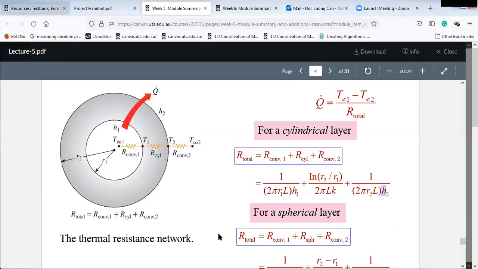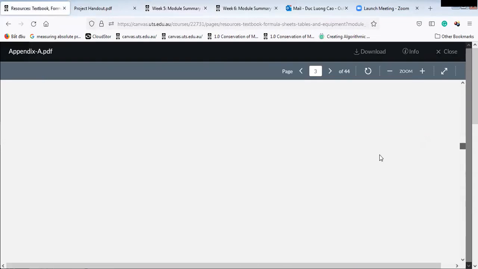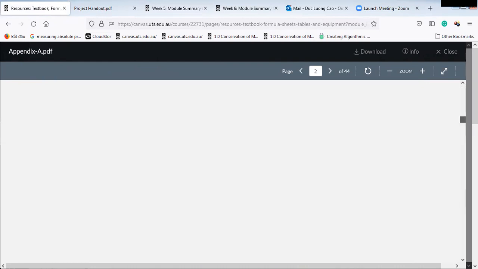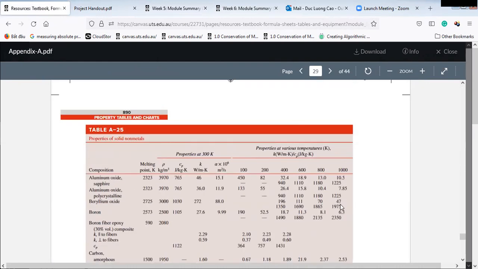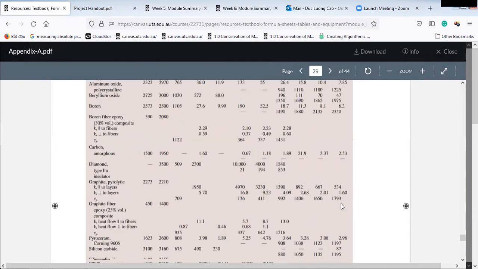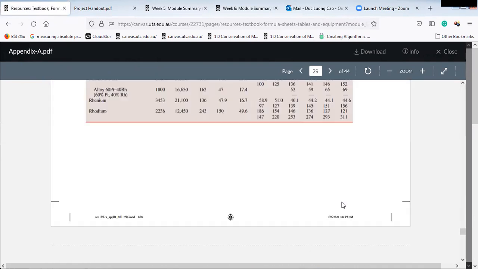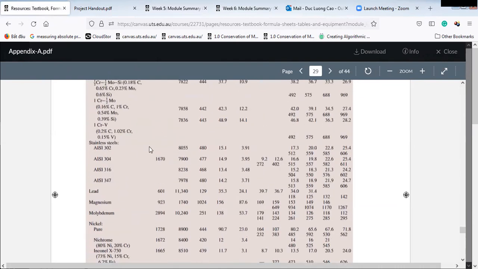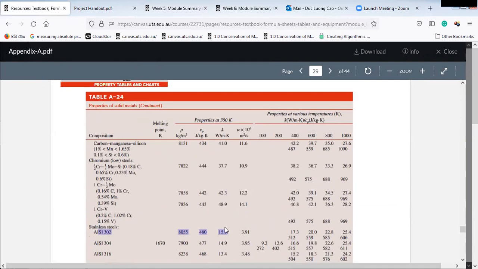So we have to use the stainless steel property. You can see the property of solid matter in table 8.24. Here we have stainless steel. Okay, so you can use 15.1 watt per meter K.